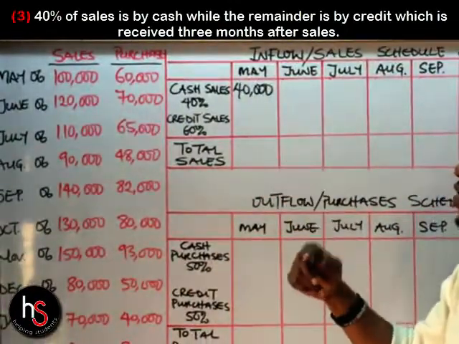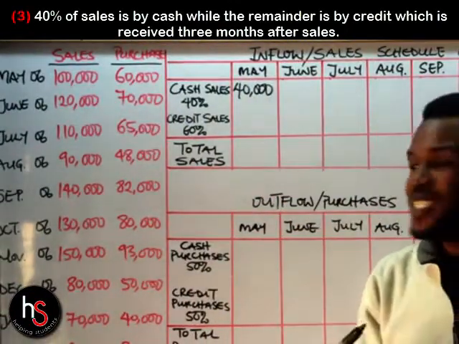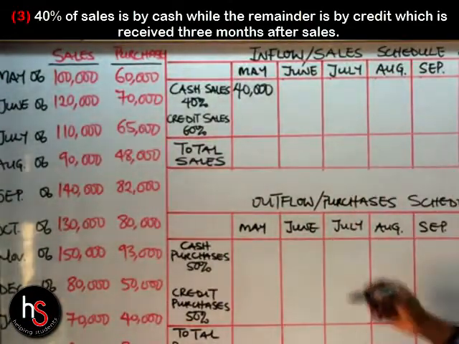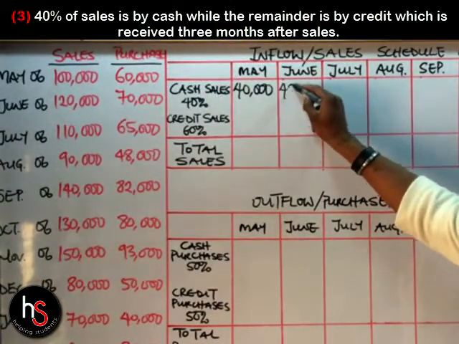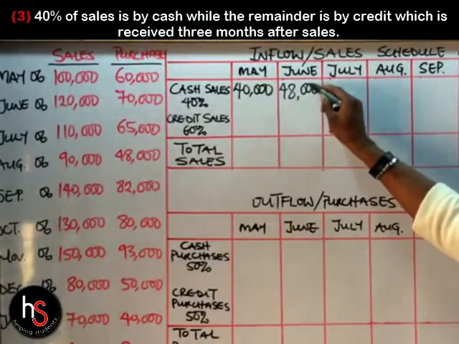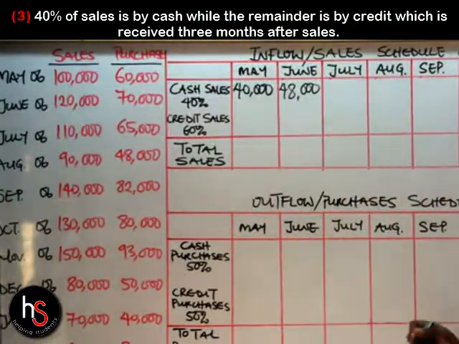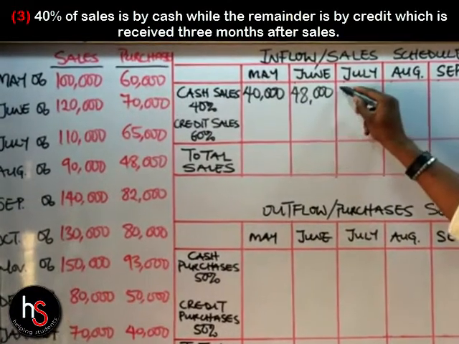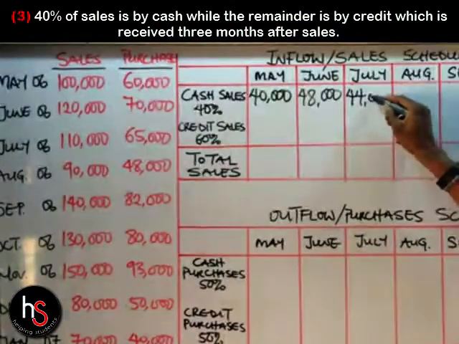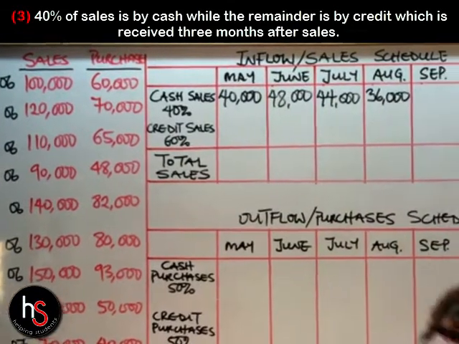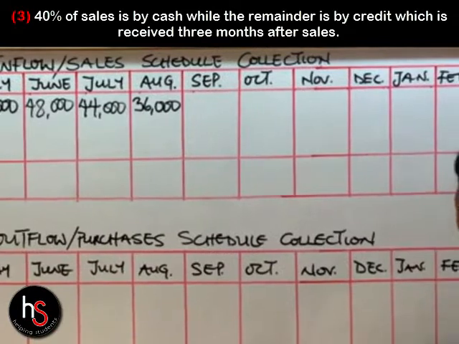It gives you 40,000. You take the same step, 40% of 120,000, and that gives us 48,000. In July, 40% of 110,000 gives us 44,000. You follow the same process. In August, we have 36,000. In September, we have 56,000.